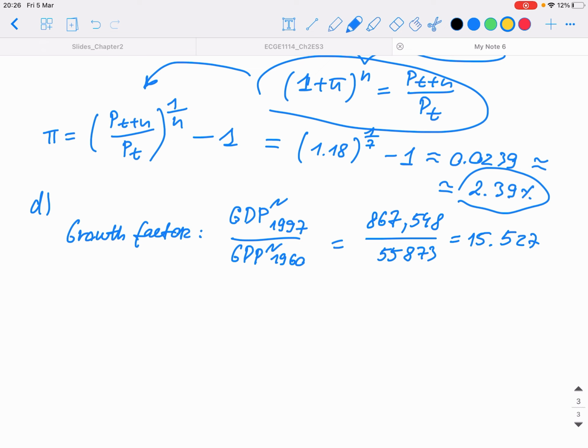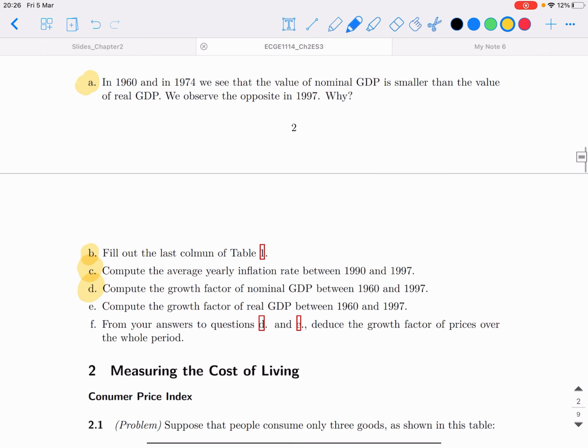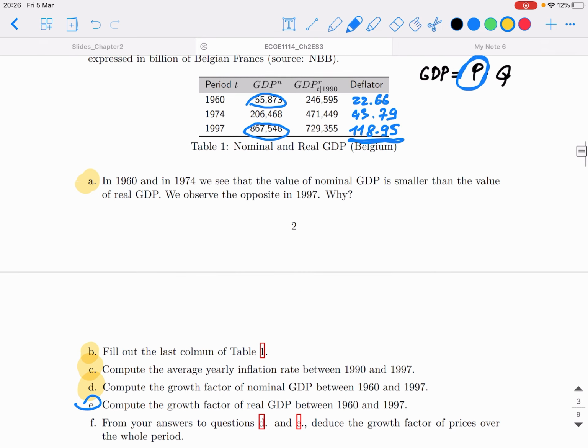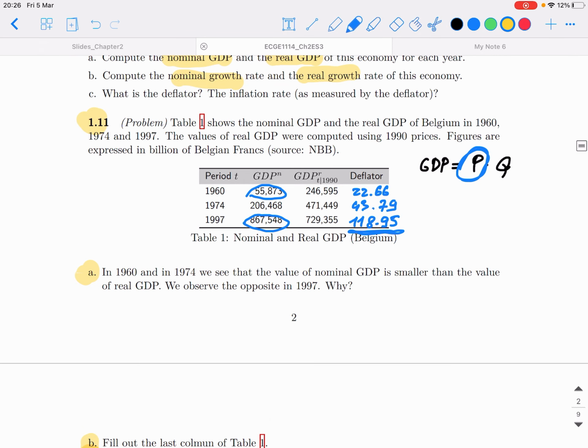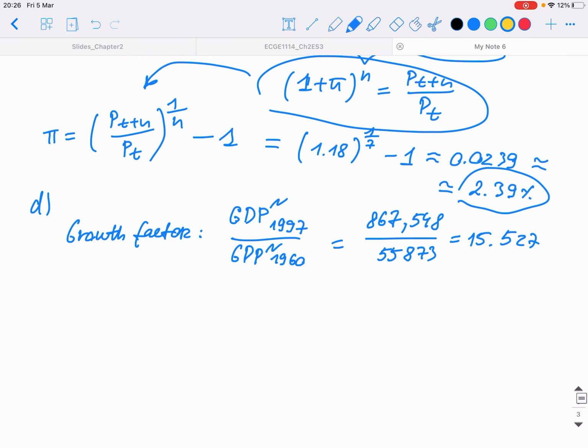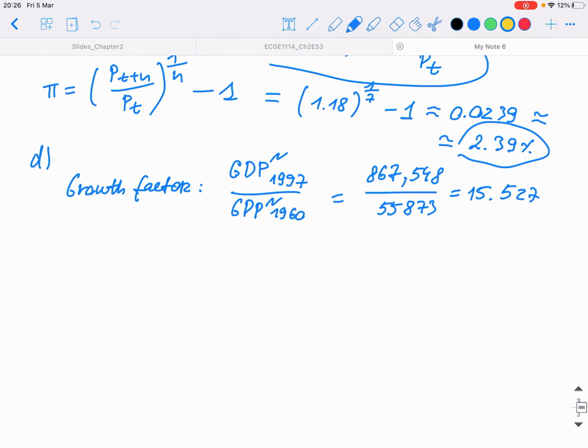Then in the next one, we have to compute the growth factor of real GDP between, again, these two years. The only difference is that you will have to take the real GDP of the two years and just divide, so 97 by 60, and you will get the growth factor.